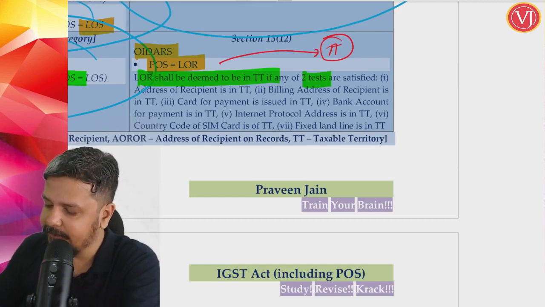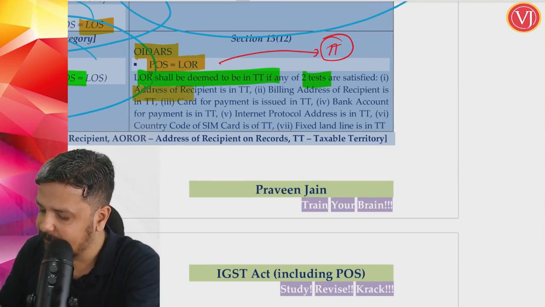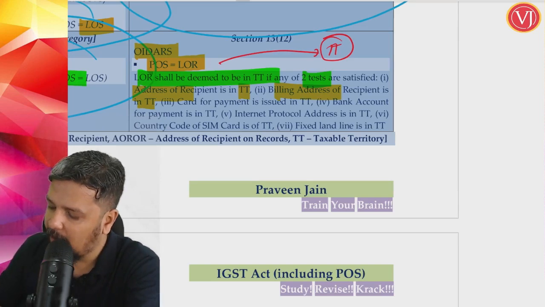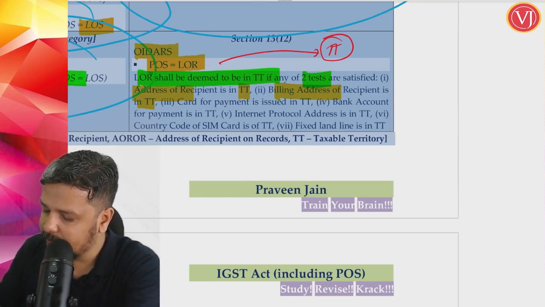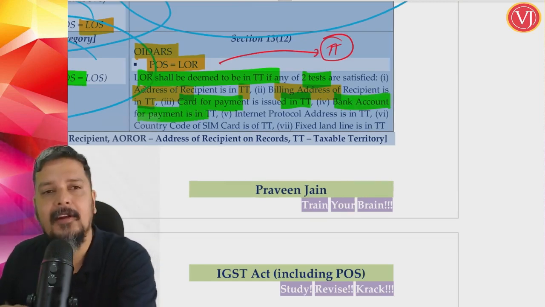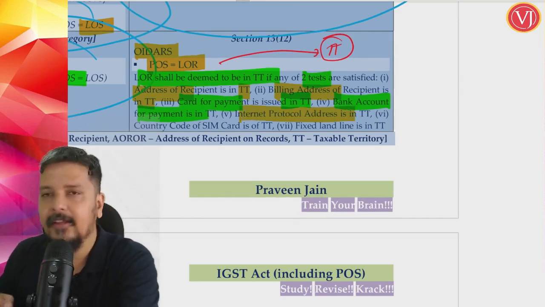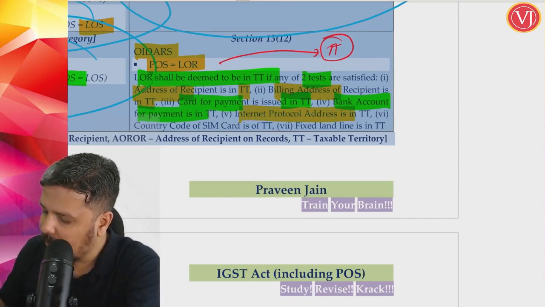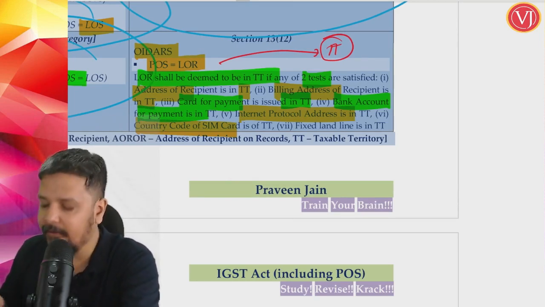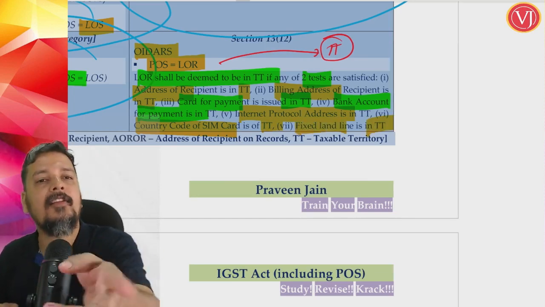What are the two tests? Either address of recipient is in taxable territory or billing address is in taxable territory. Normal address or the billing address, or the card through which payment is made is in taxable territory, or the bank account through which payment is made is in taxable territory, or the IP address of the recipient is in taxable territory, or the SIM card through which you are getting this telecommunication OIDR services is in taxable territory, or the fixed landline is in taxable territory. 2 plus 2 plus 3.